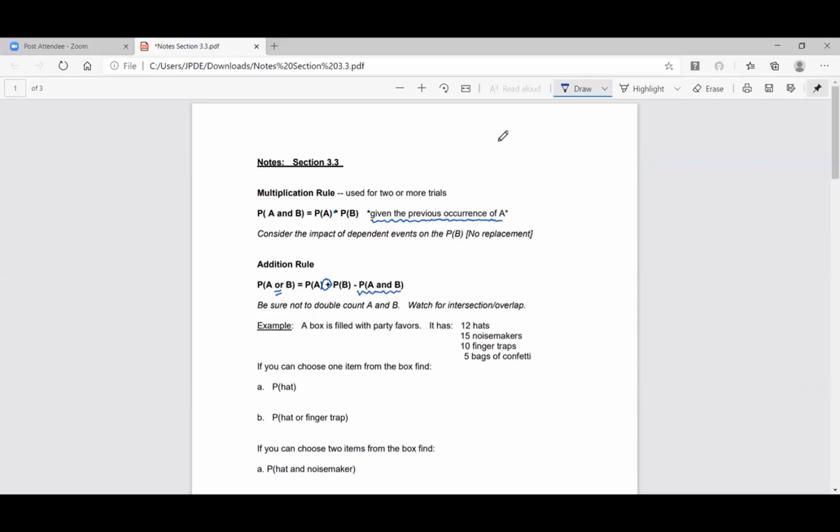You're not going to need it in this section. But what that means is if there's any overlap between the two events, you don't want to double count them. And like I said, we will look at that in the next section when we'll be looking at tables and organizing our probabilities using a table.